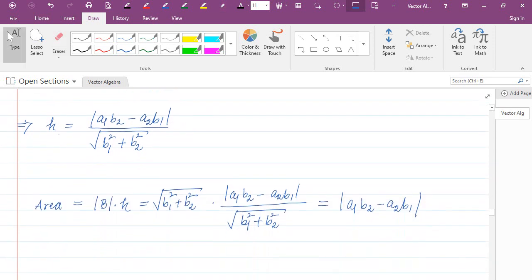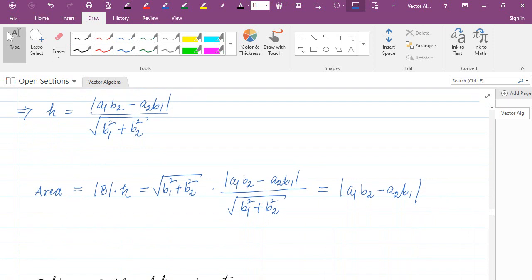So now let's look at the area. The area would be the length of B times h. Length of B would be the root of B1 squared plus B2 squared, and we plug in what h is right here. Then what we see is that we are getting a very simple formula for the area, which is the absolute value of A1 B2 minus A2 B1.